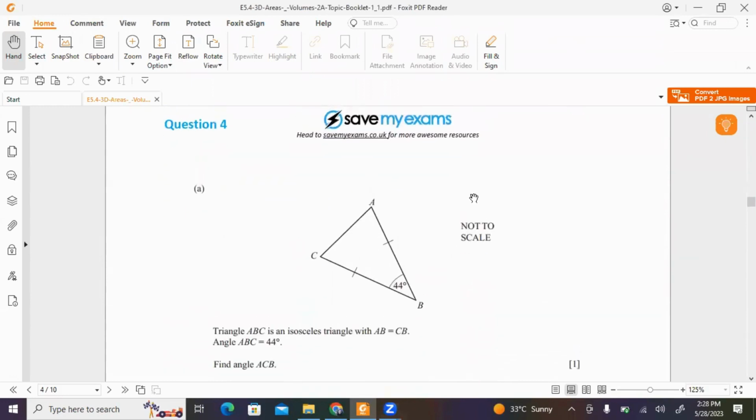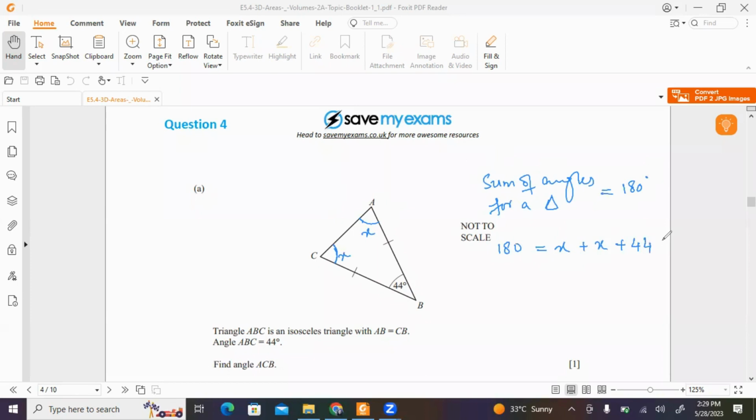In question 4, we have an isosceles triangle and AB is equal to AC, and angle B is given as 44. So they're asking us to find angle ACB this time. So as we know, the sum of angles for a triangle equals 180. So we will do 180 equals, let's call this x, call this x, x plus x plus 44.